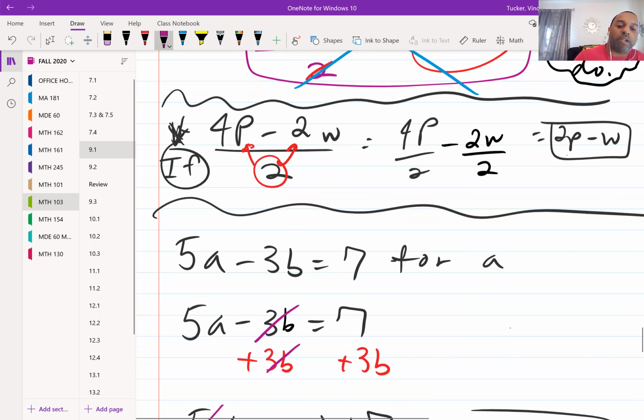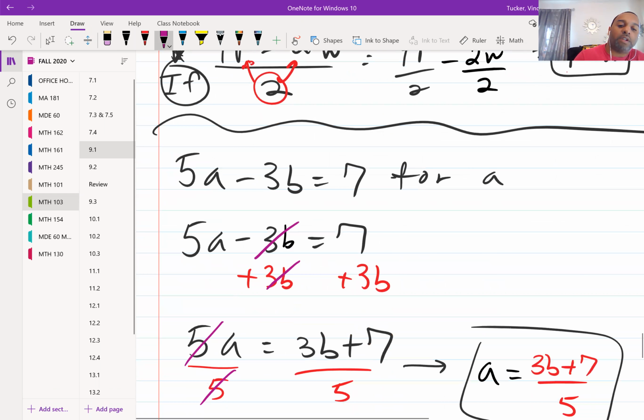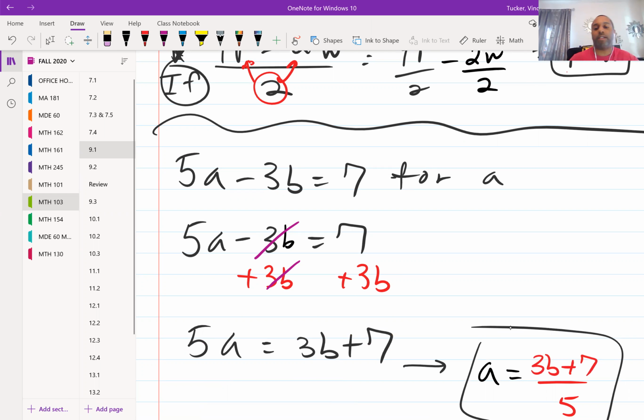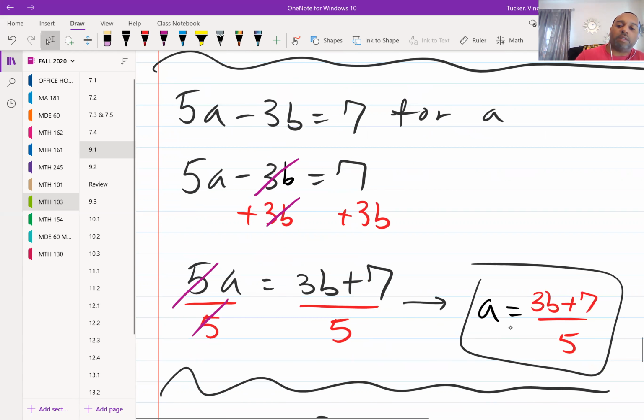The 3b's cancel on the left, and that will leave us with 5a equal to 3b plus 7. Then to finish it off, just divide by what's in front of a, which is that 5. And this is our final answer, 3b plus 7 over 5.